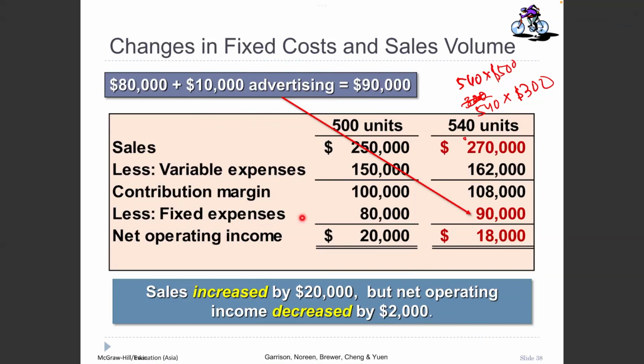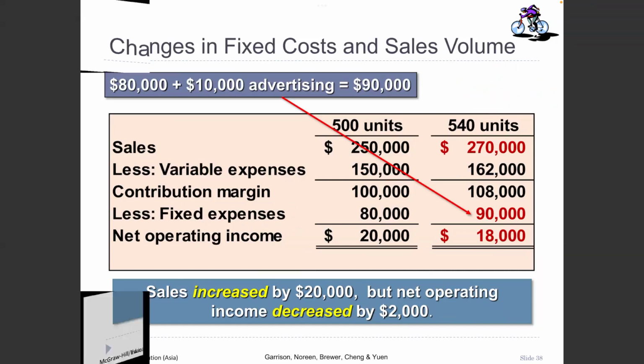Sometimes when you are selling more, you will be incurring more costs, and those costs are bigger than the benefit of selling more, and therefore it reduces your income.